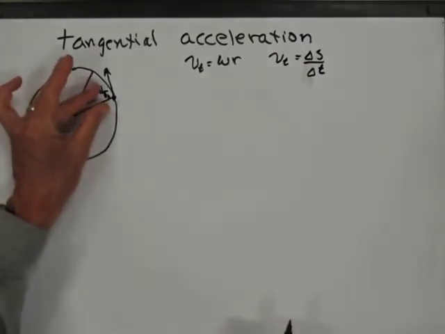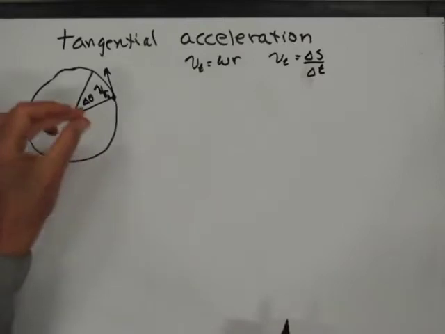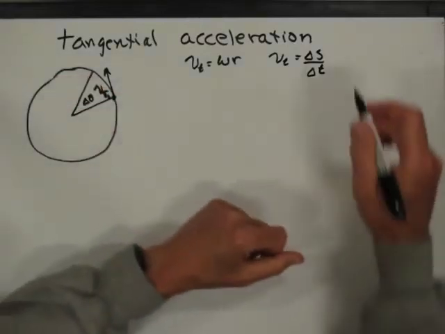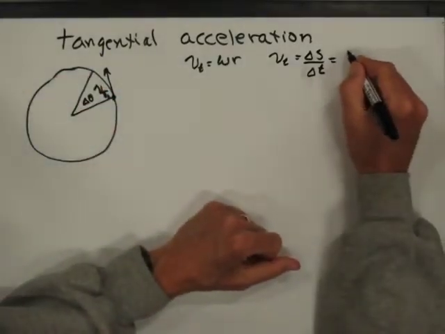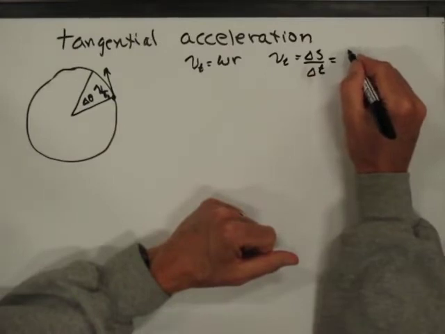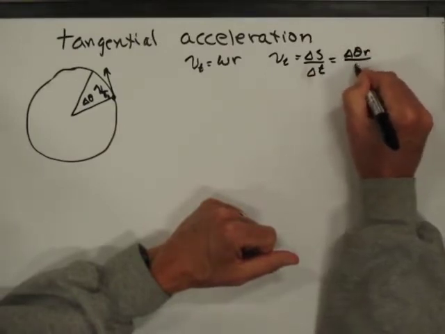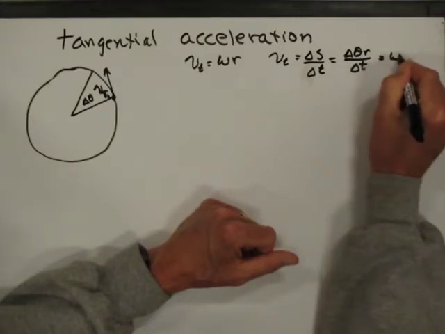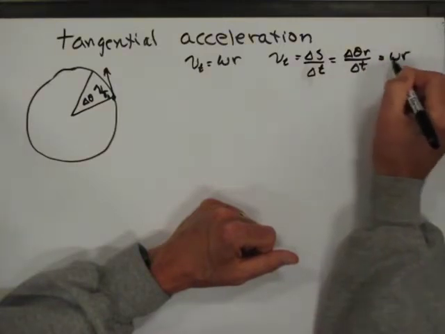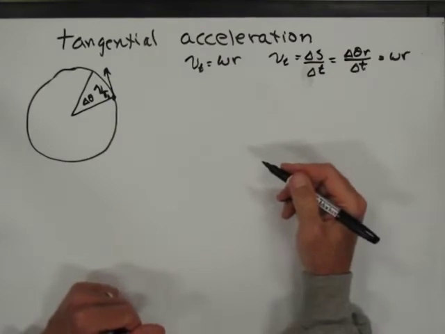This would be a really small angle, right? A really tiny time, so that this curved line is almost straight. And then the delta s, just from the definition of radians, is delta theta times r over delta t, which is just omega times r, because delta theta over delta t is omega, right?